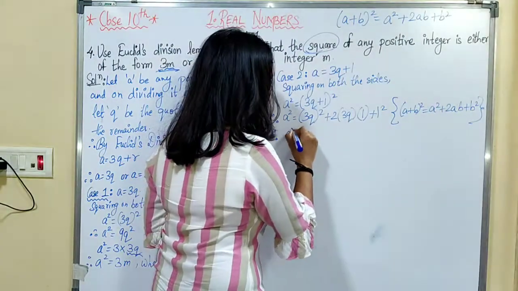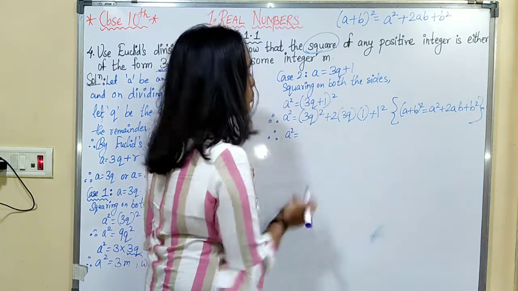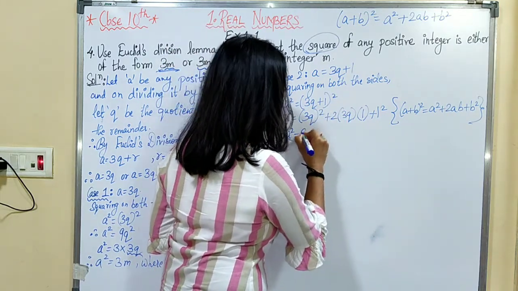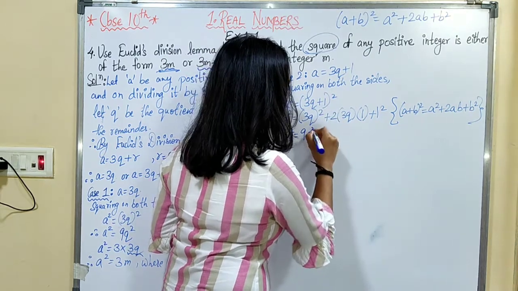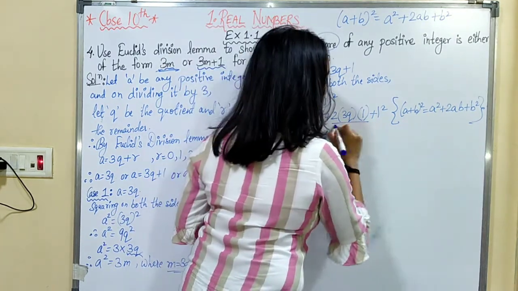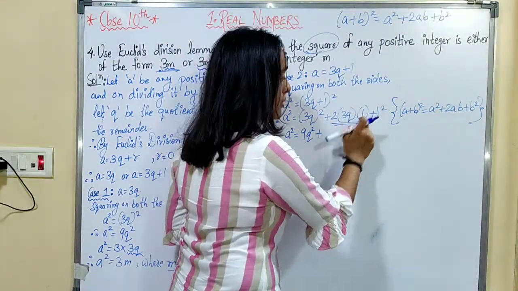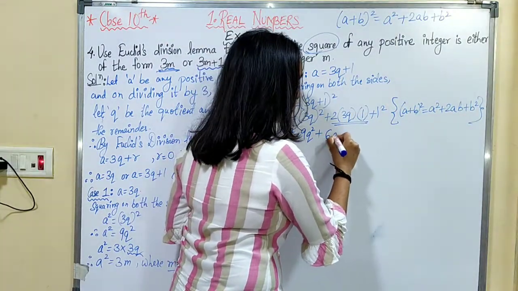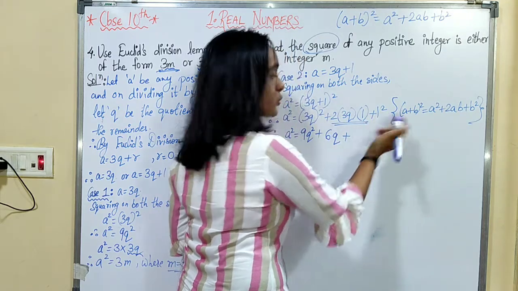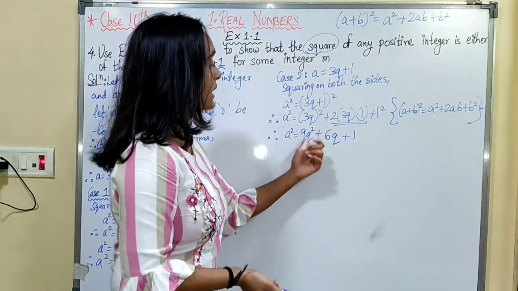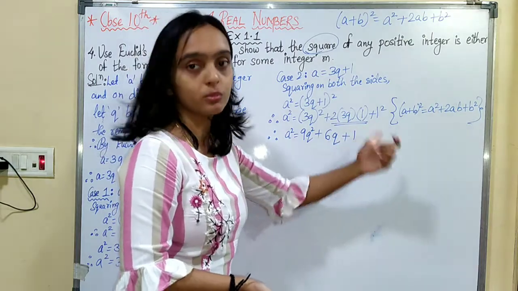Therefore, a square equals 3q squared, so 3 squared is 9 and q squared is q square, plus 2 multiplied by 3 multiplied by 1, so it will be 6q, plus 1 squared is 1 only. So we get a square equals 9q square plus 6q plus 1.